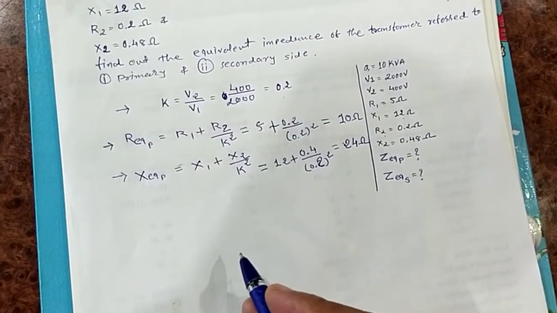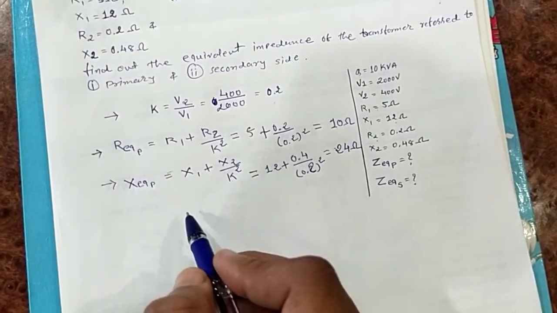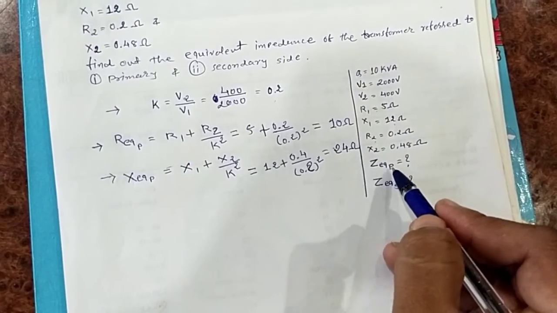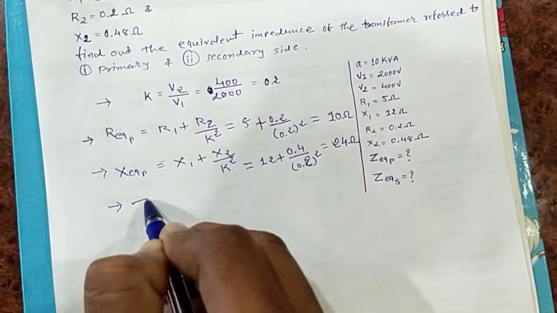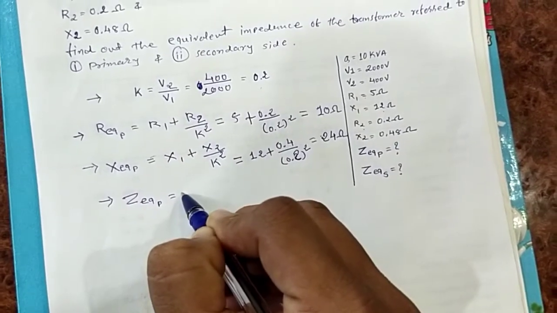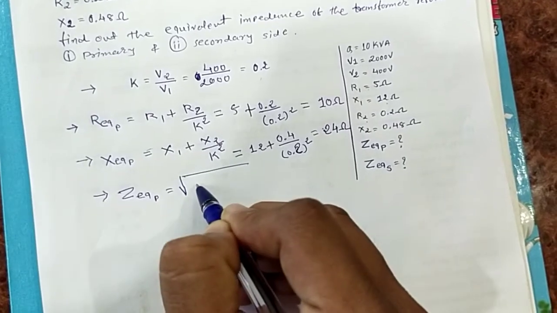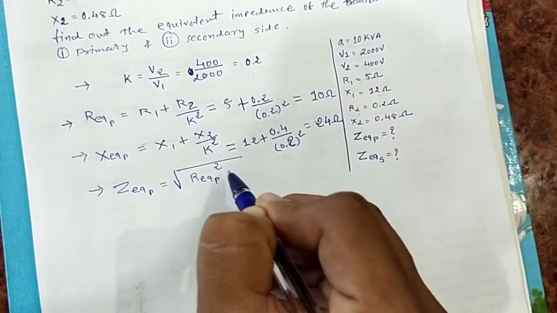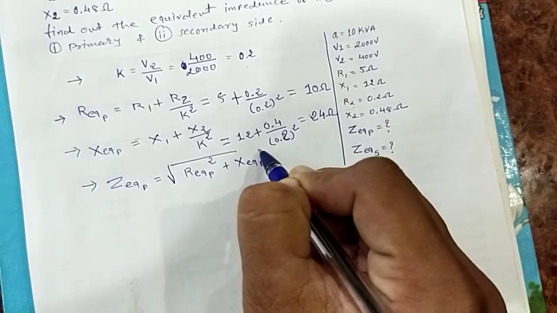Now we have all the values to solve the equivalent impedance of primary. The equation for this is under root of R equivalent of primary whole square plus X equivalent of primary whole square.